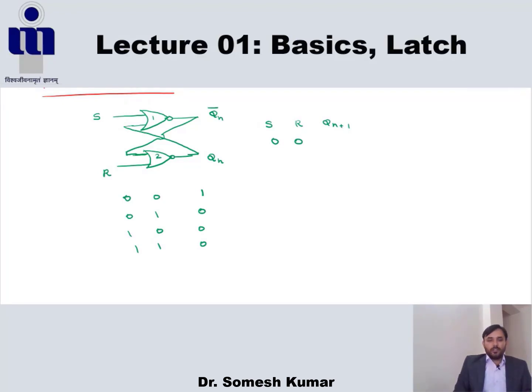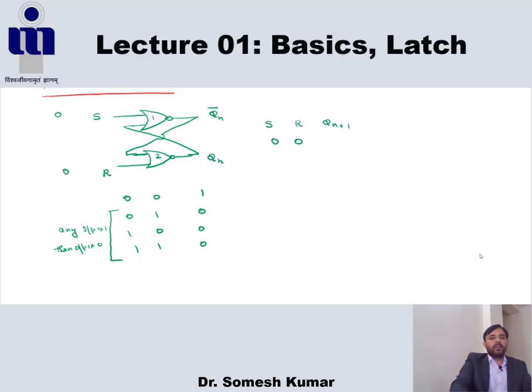So this is the truth table of the NOR gate. From the truth table, it is clear that if any input is 1, then the output is 0. Fine.